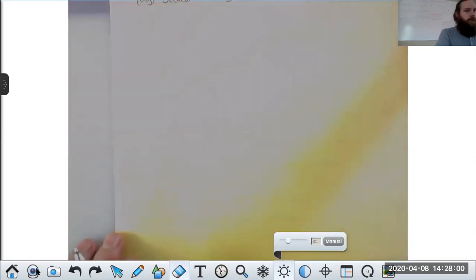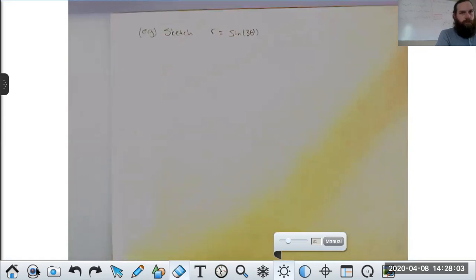I'm going to begin with the rectangular coordinate graph.